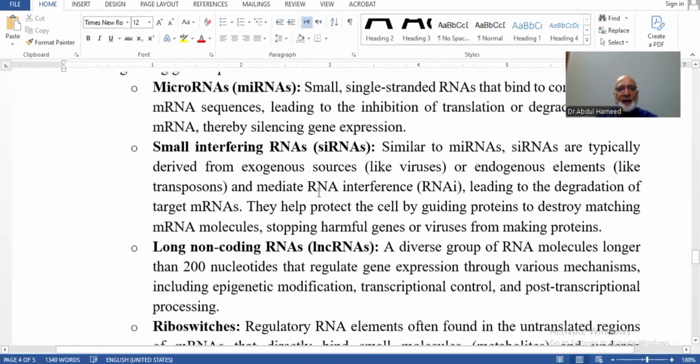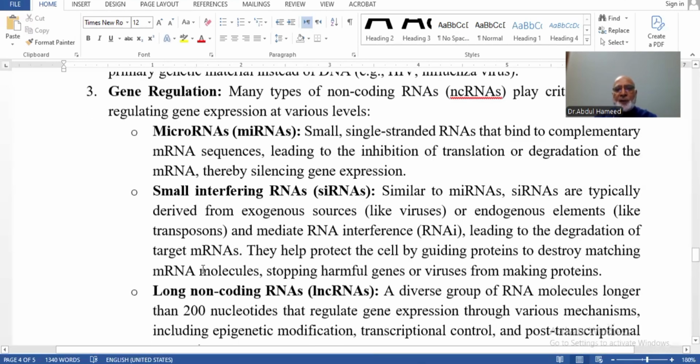Small interfering RNAs, siRNAs, are similar to miRNAs, but siRNAs are typically derived from exogenous sources like viruses or transposons, and they mediate RNA interference like the previous one, leading to the degradation of target RNA.